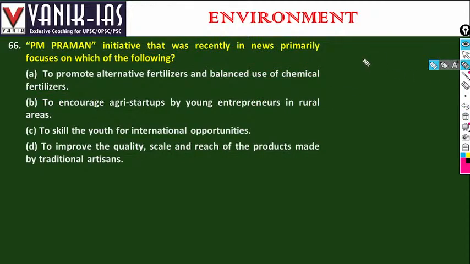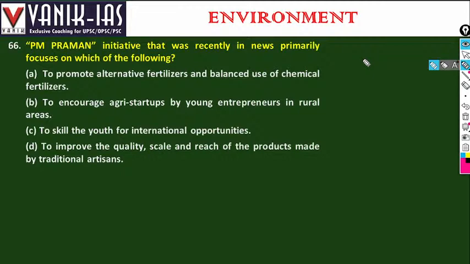Then PM PRANAM initiative that was recently in news primarily focuses on which of the following? To promote alternative fertilizers and balanced use of chemical fertilizers, to encourage agri startups by young entrepreneurs in rural areas, to skill the youth for international opportunities, to improve the quality, scale and reach of products made by the traditional artisans.